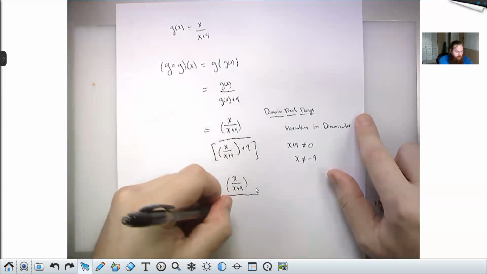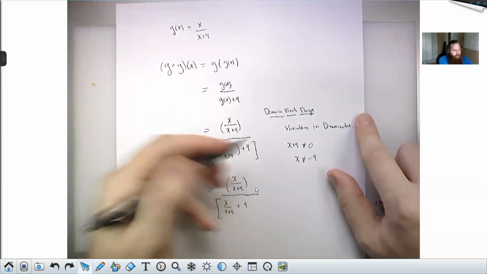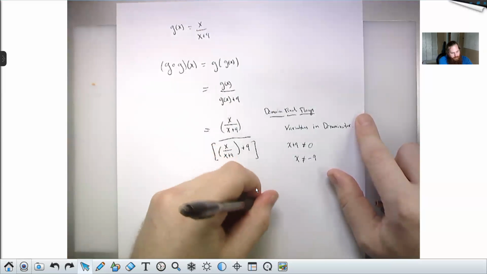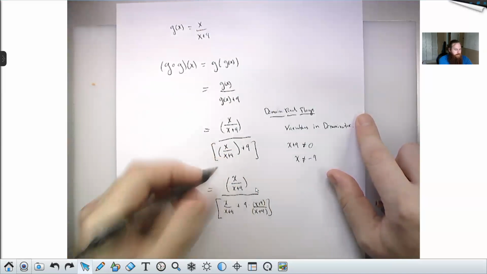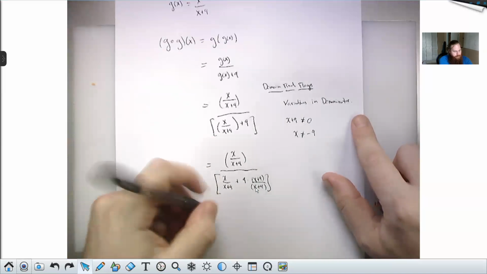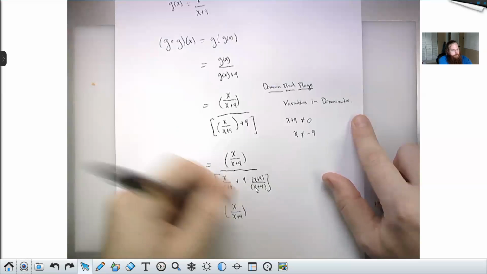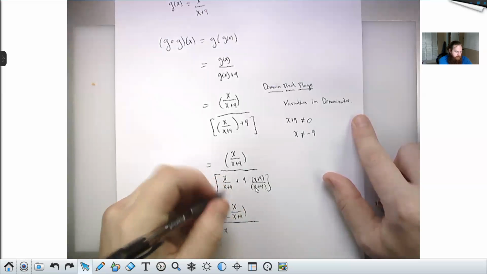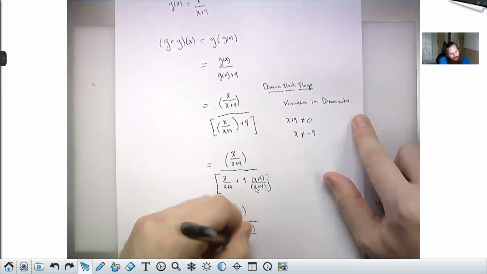So that's x over x plus 9 plus 9 times x plus 9 over x plus 9. Now the two pieces downstairs have the same denominator. So altogether, what we have down there is x plus 9 times x plus 9 all over x plus 9.